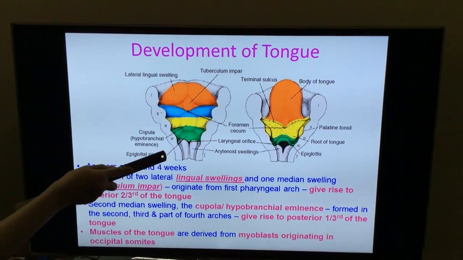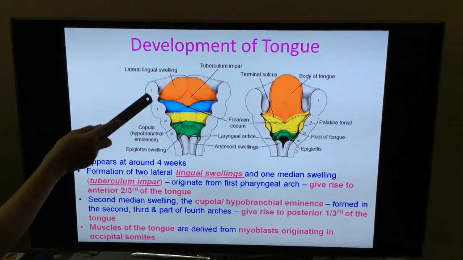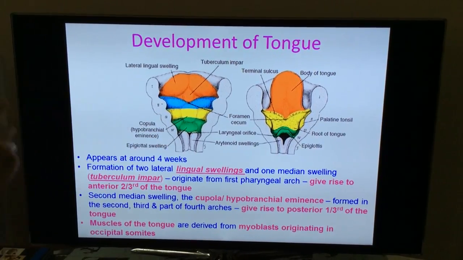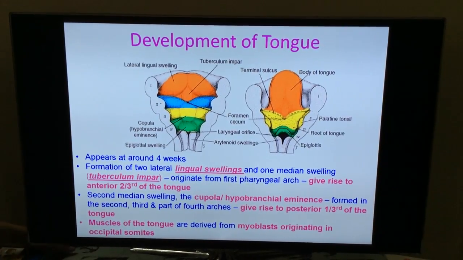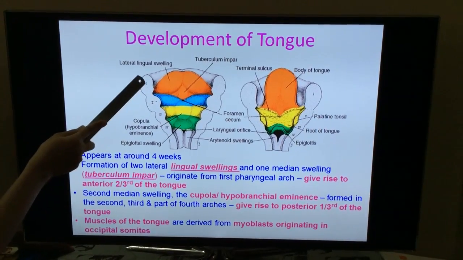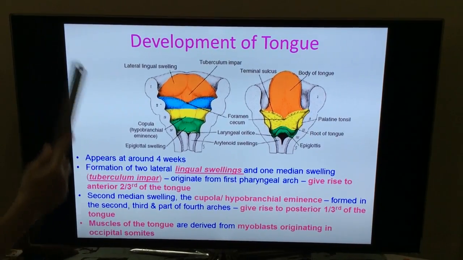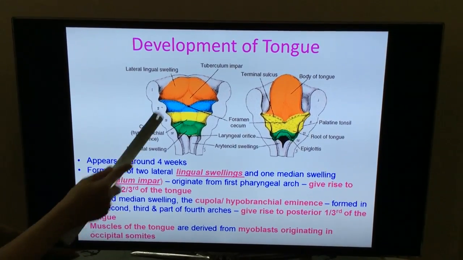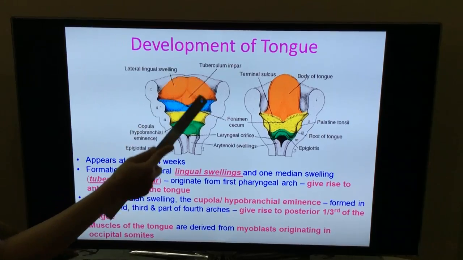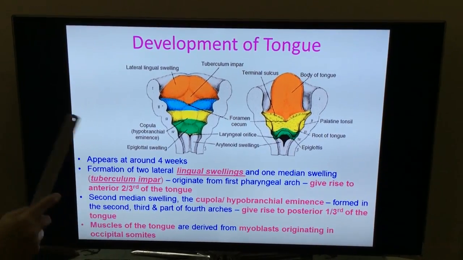Among the 6, the 5th arch disappears, and the remaining 1, 2, 3, 4 and 6 give rise to the structures present in the neck region. These are the arches on either side: the mesodermal core at the center, the ectoderm externally, and the endoderm internally. The floor of the pharyngeal arches contributes to the development of the tongue.